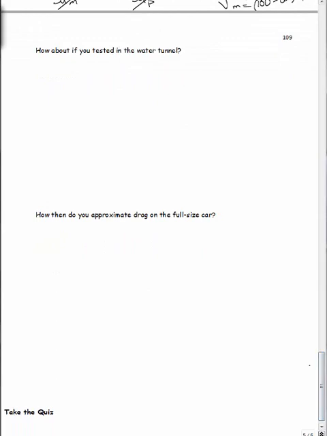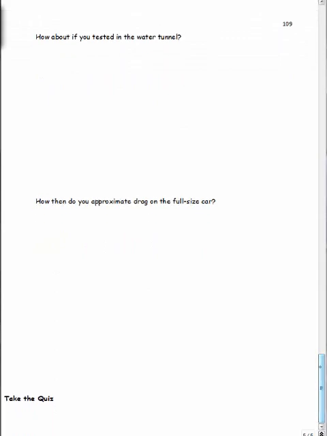We could also test this in the water tunnel. Let's see what range of velocities we would need if we use the water tunnel instead. Okay, in that case, you're not going to be able to cancel out your mu's or your rho's, so what you need to do is figure out what those are. Mu prototype is going to be mu for air, 1.8 times 10 to the minus fifth kilograms per meter second, and the model is going to be water.